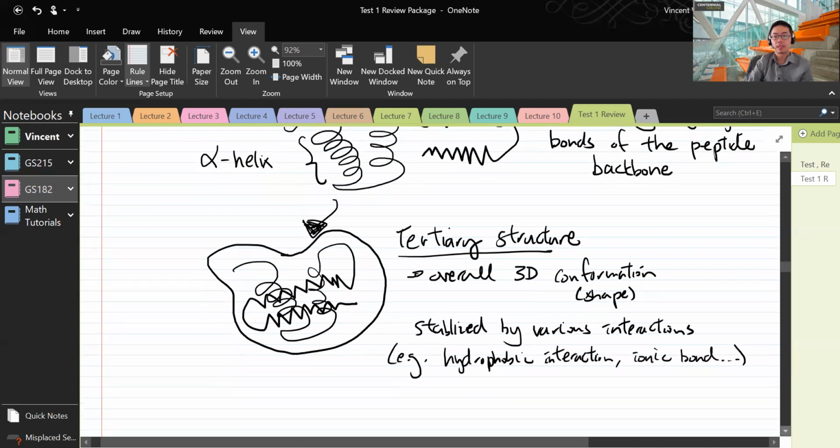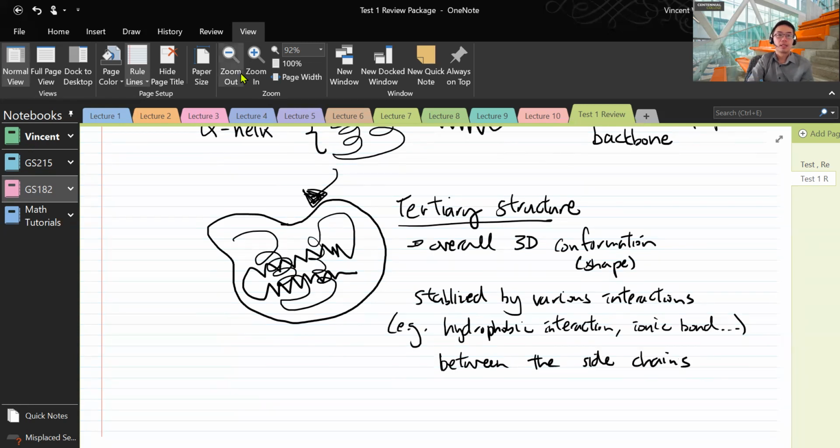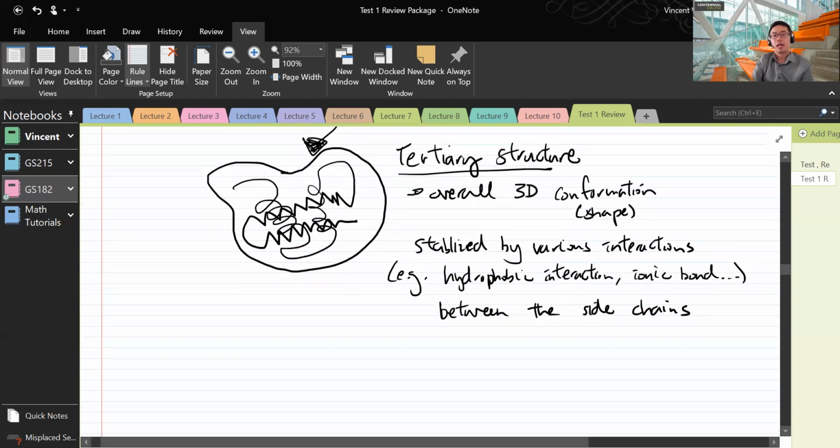You can find a bunch of them in the PowerPoint. There's, for example, the disulfide bridge. So all these are interactions between the side chains. As I mentioned in class, for most proteins the structure stops at tertiary and doesn't go any further. But sometimes it can go a level higher to form the quaternary structure.